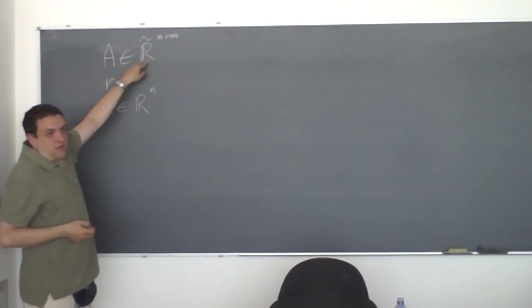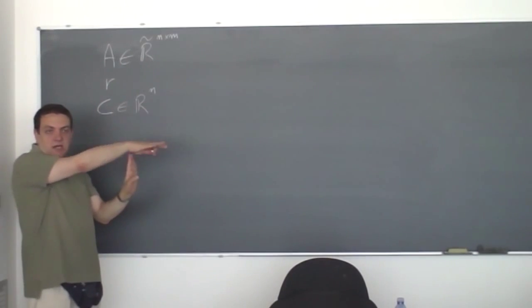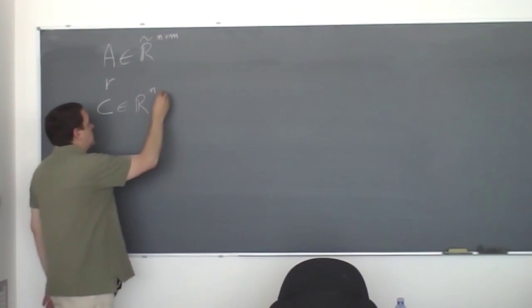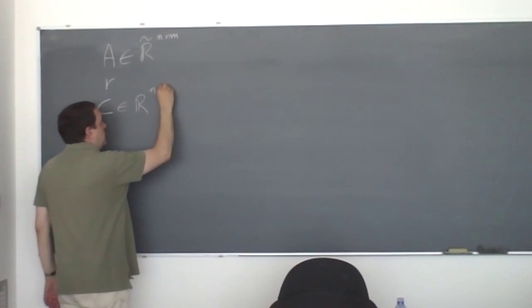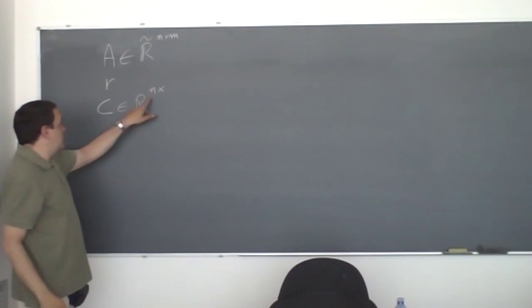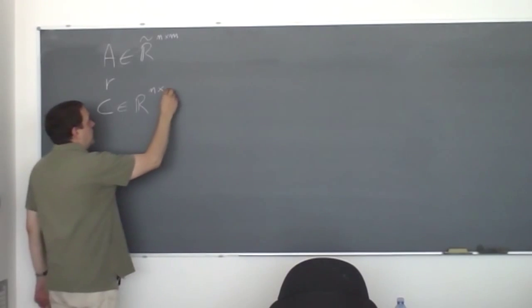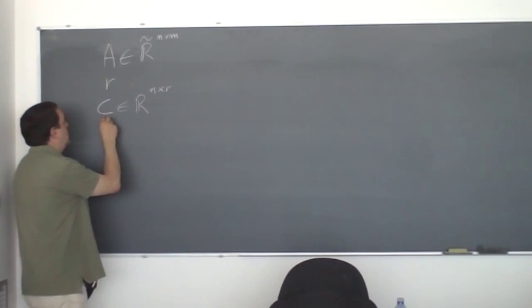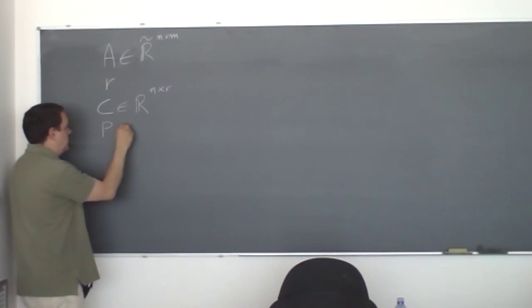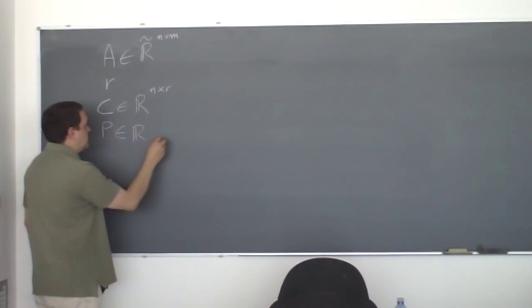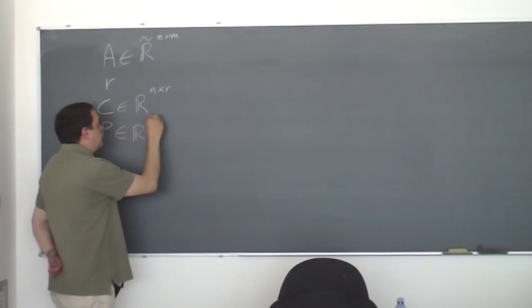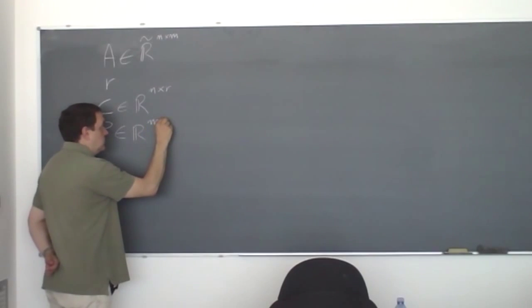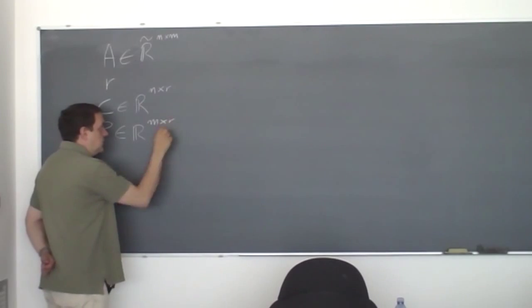Okay, we can interpret this as a user by items matrix. So C has as many rows as there are users, and R columns. And P has as many rows as there are items, and R columns.